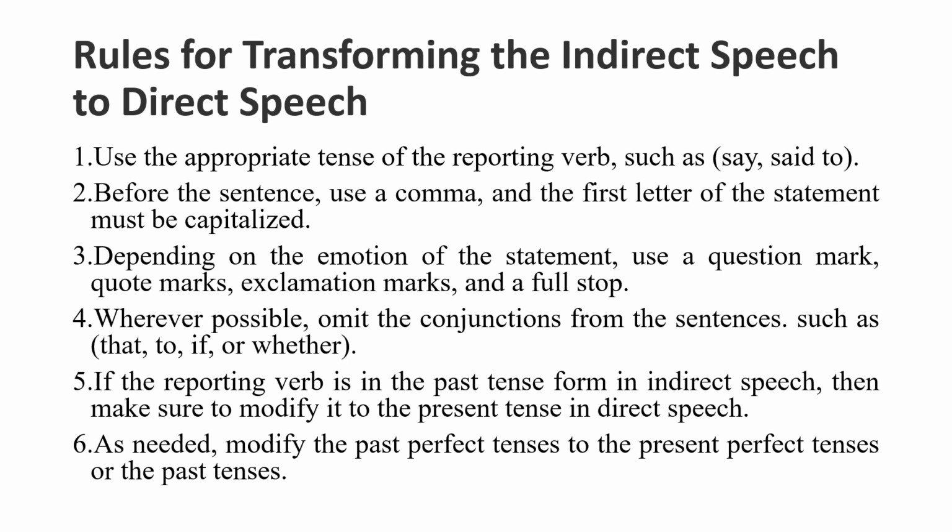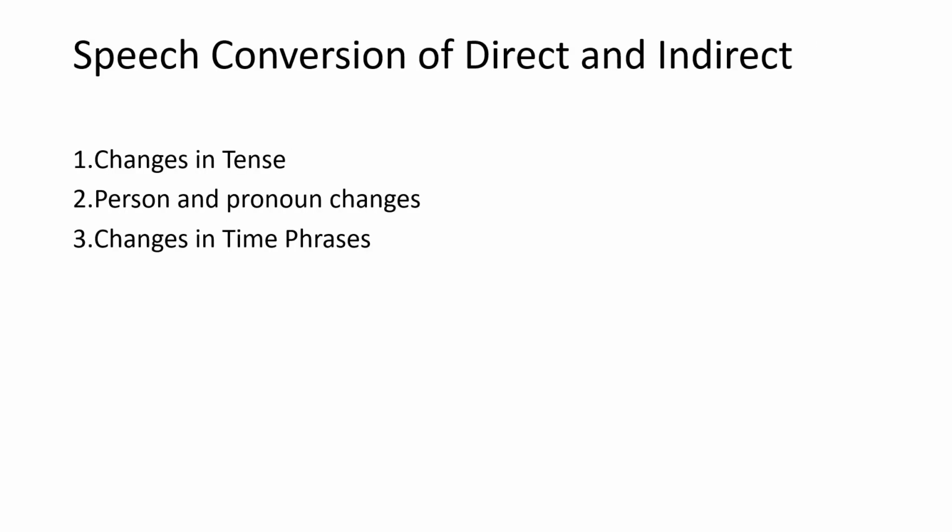Number four rule is, wherever possible, omit the conjunctions from the sentence such as that, to, if, or whether. Number five rule is, if the reporting verb is in the past tense in indirect speech, then make sure to modify it to present tense indirect speech. As needed, modify the past tense into the present perfect tense or the past tense.